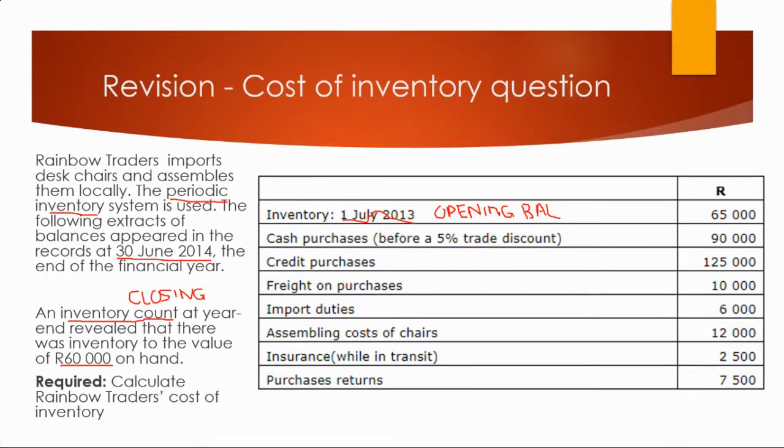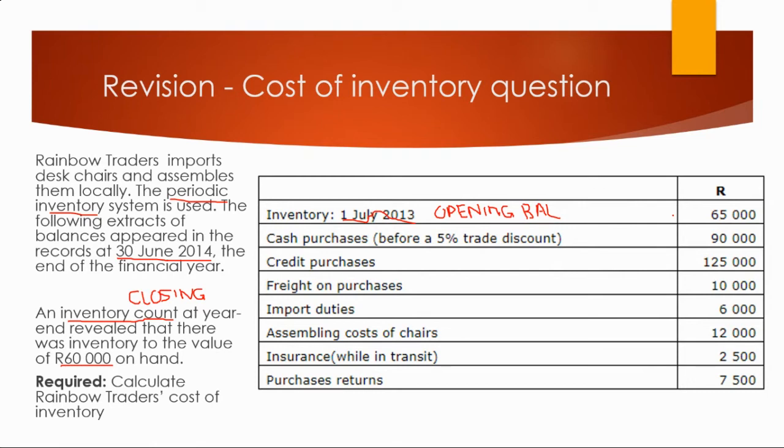Okay, so let's see what other information that they give us, and then you can indicate in the chat function whether you would include it or not and at what value. Okay, so cash purchases, will we include it in our calculation of cost of inventory? And will we include it at 90,000 or will we include it at a different value? Okay, so Neil says we'll include it at 90,000.